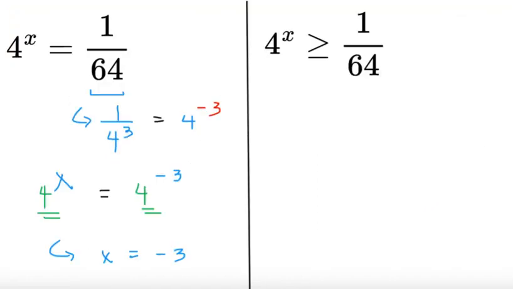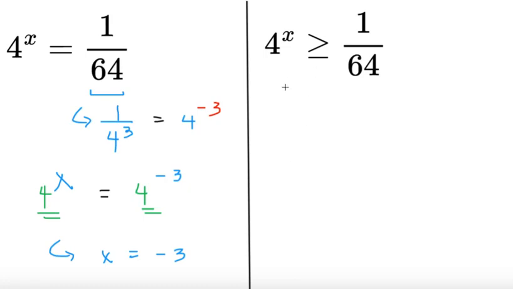The first example is 4 raised to x is greater than or equal to 64. If this inequality symbol was an equality symbol, this is the way, which I just copied from the previous video. So x here would be equal to 3, but everything is pretty much the same. What we have to do is make sure that the left side and the right side have the same base, and then just copy the inequality sign for now.